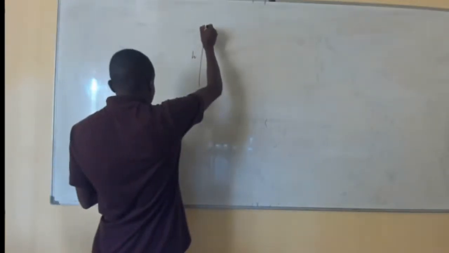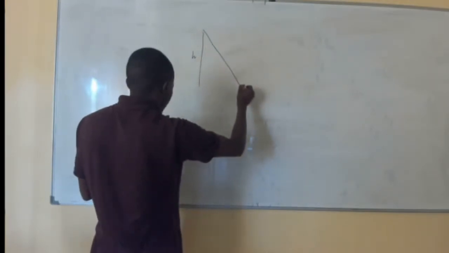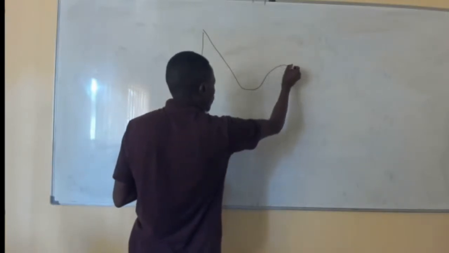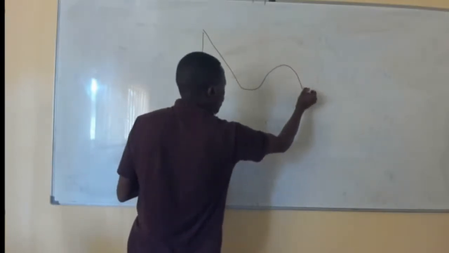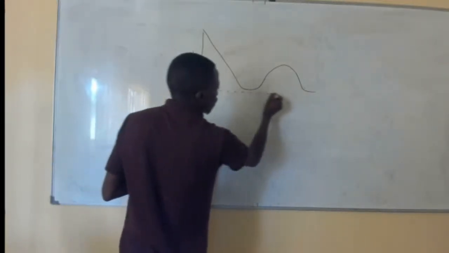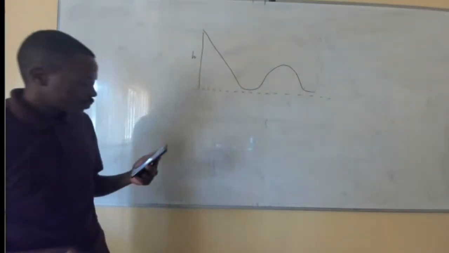So we have a roller coaster car. It's starting from the top and then it goes down and up here. So that's the horizontal.